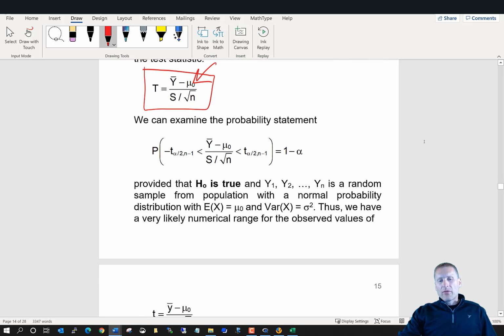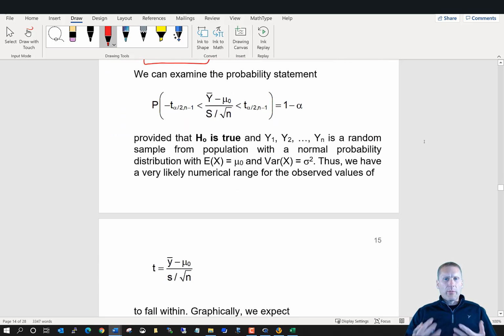And what we also know from earlier is that we can make a corresponding probability statement for this random variable. And that is with a probability of 1 minus alpha. Notice how alpha is appearing there. This value, this t, should be between a negative and a positive quantile from the t distribution.